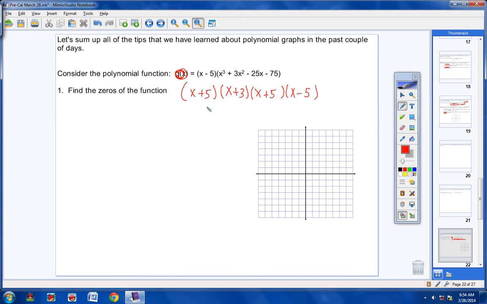So I know my zeros then are going to be a negative 5, a negative 3, and a positive 5. So there, I found my zeros, okay? I think it would be very helpful if I could do this and do this. And I kind of messed that up a little bit.